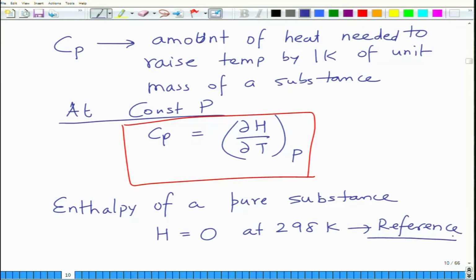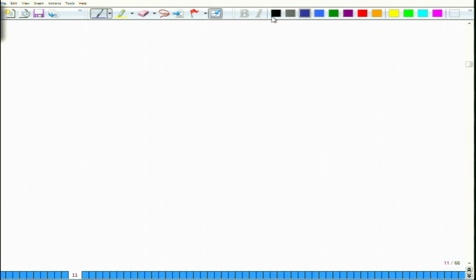If H is 0 at 298 Kelvin for a pure material taken as a reference level, then all you need to do is that you need to integrate. If you want to find out the variation of H as a function of temperature, you need to integrate Cp. So, for finding enthalpy, the H will become, you need to go from 298 to temperature, and then you can do Cp dT.